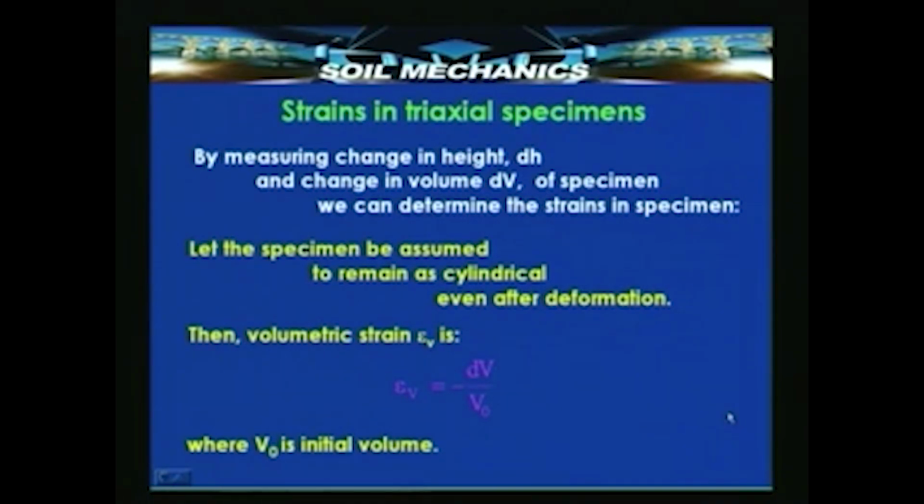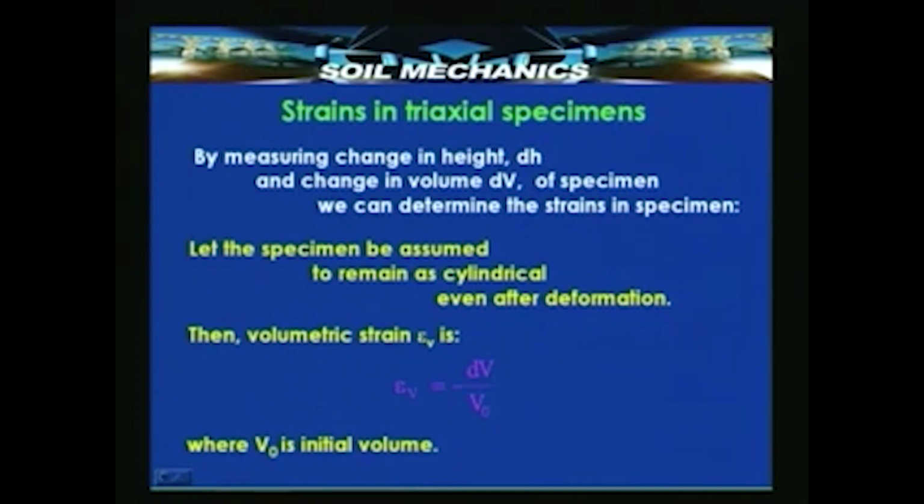By measuring the change in height during the axial loading and the change in volume during the lateral loading, we can determine the strains. If we assume that the cylindrical specimen remains cylindrical even after deformation, then we can derive simple expressions for the volumetric and axial strain.